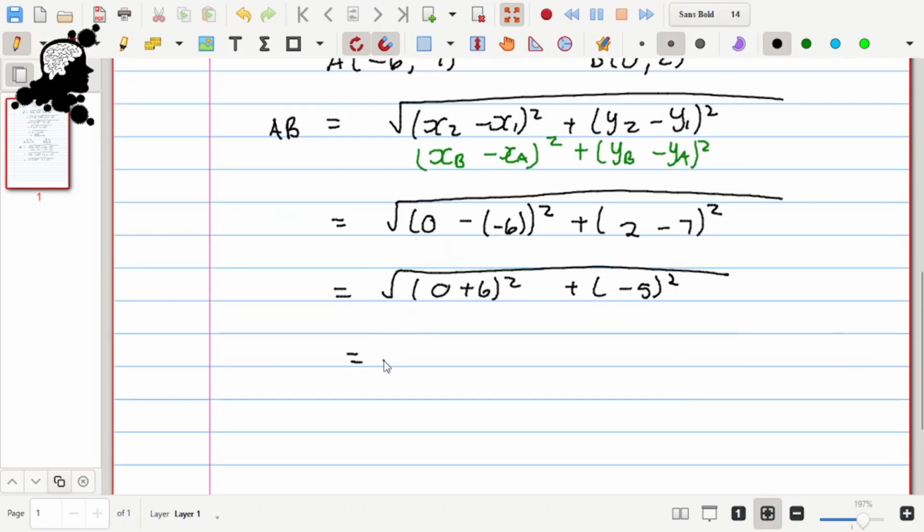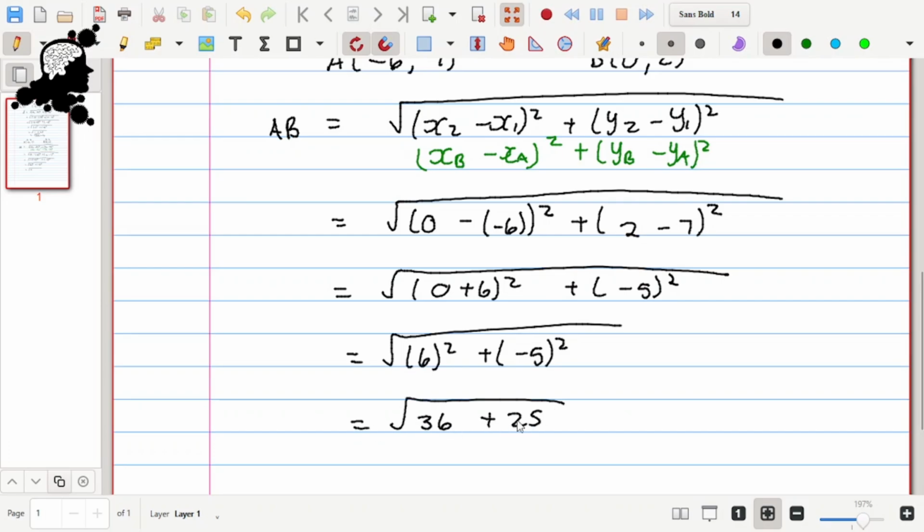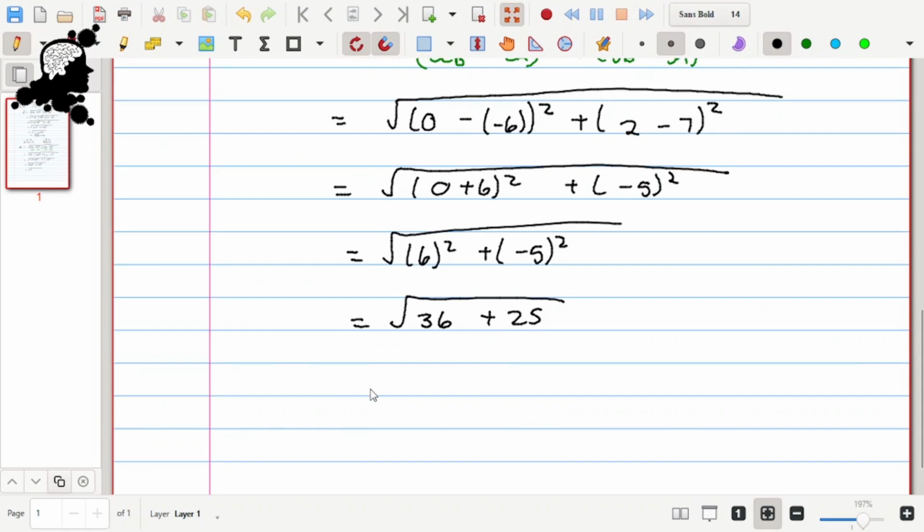Now, this is going to give us the square root of 6 squared plus negative 5 squared, which is the square root of 36 plus 25. Now, if you add 36 plus 25, that is going to give you the square root of 61. Once again, if you have a calculator, you can type this in your calculator, get the answer in decimal form. But if the question asks you to write your answers in surd form, then you are done.